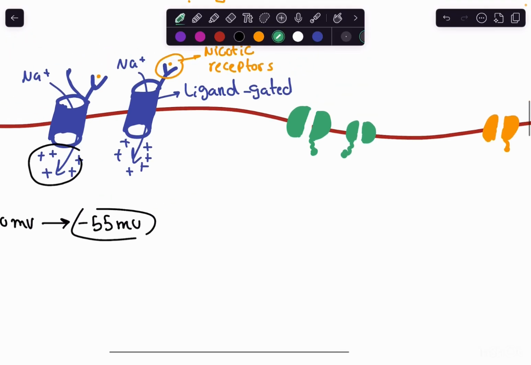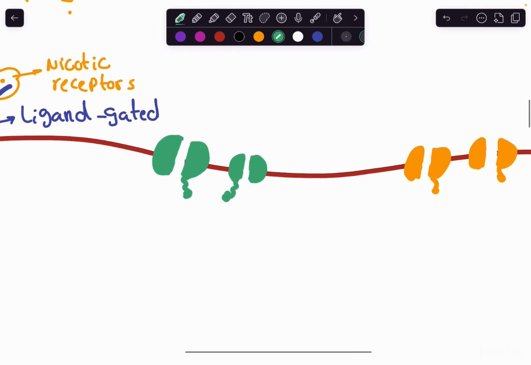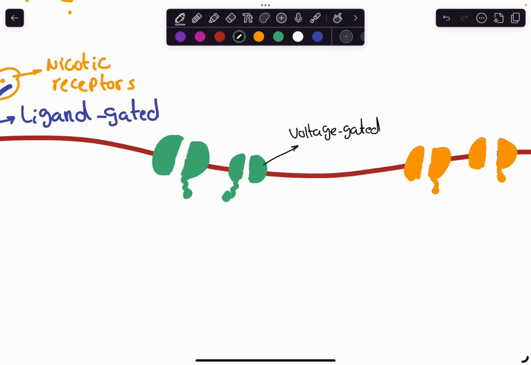What happens in an action potential is that those specific channels here called voltage-gated sodium channels start to open and make sodium ions enter the cell in huge numbers.